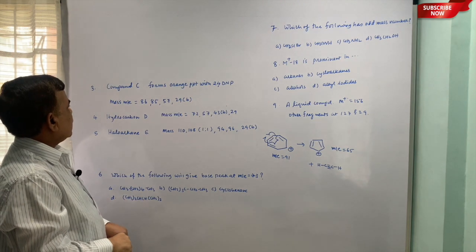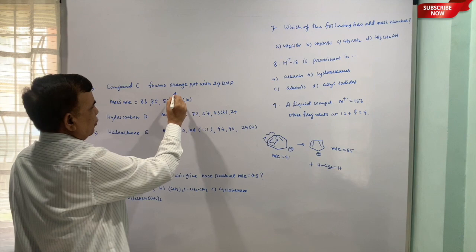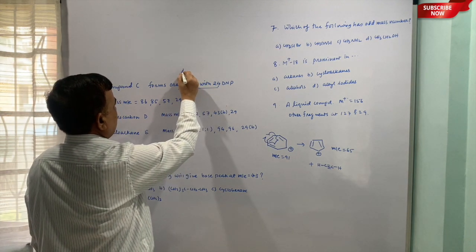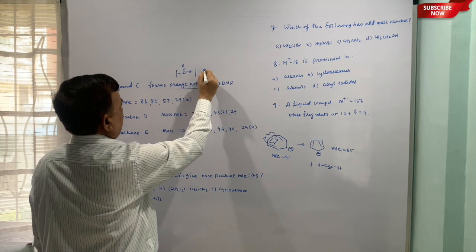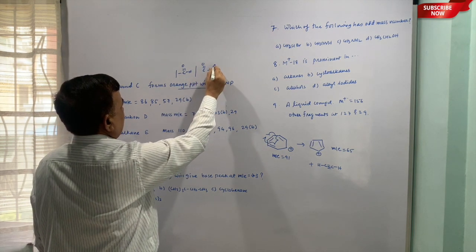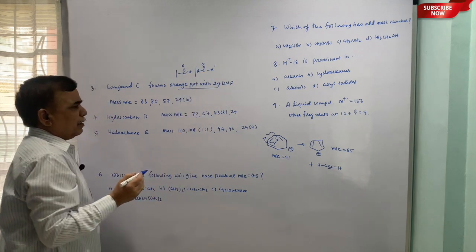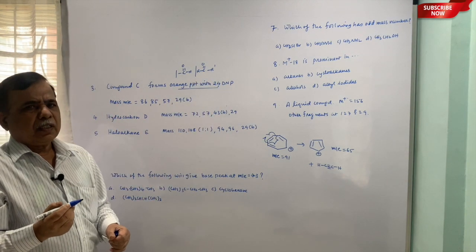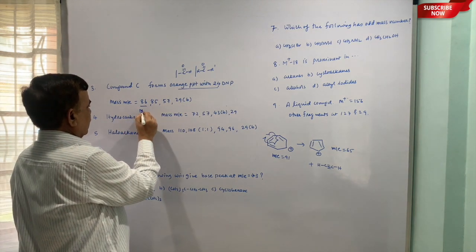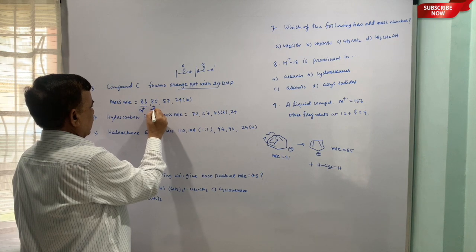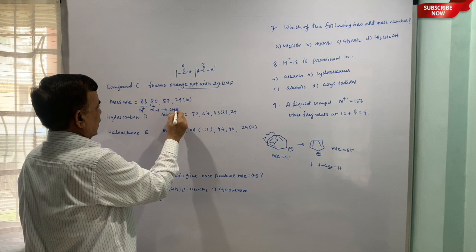The next one is compound C forms orange precipitate with 2,4-DNP. Now this means it has to be an aldehyde or ketone, because 2,4-DNP derivative can be obtained from either of these. 86 looks like M plus, this looks like M plus minus 1, which is characteristic of an aldehyde.